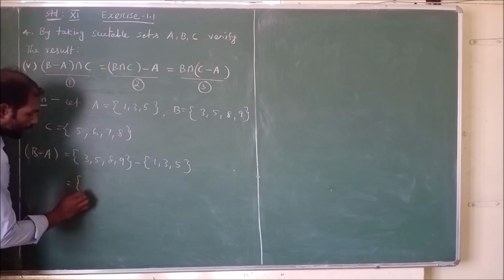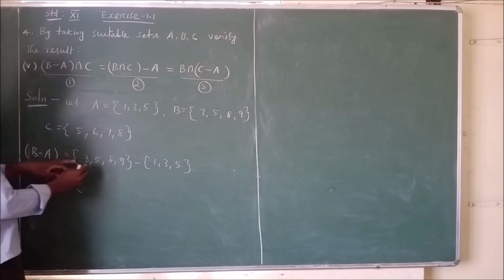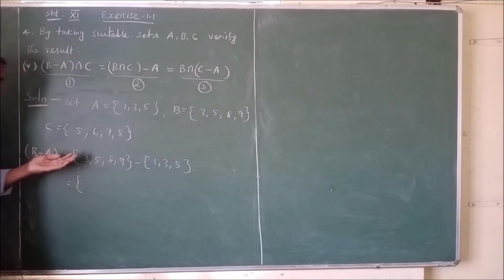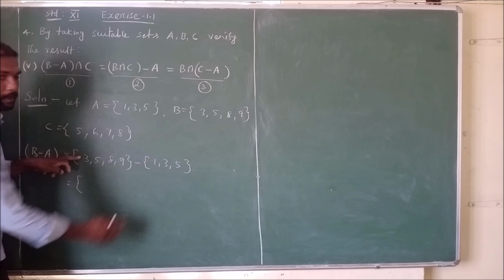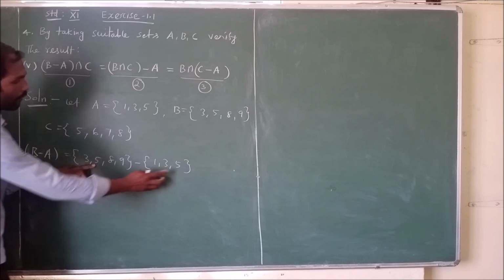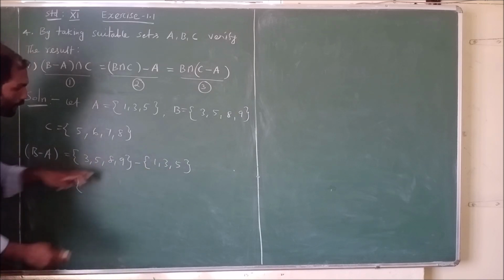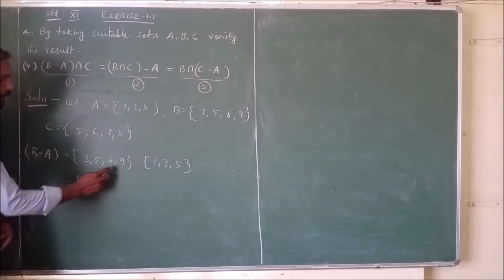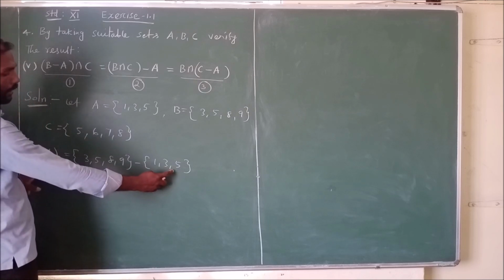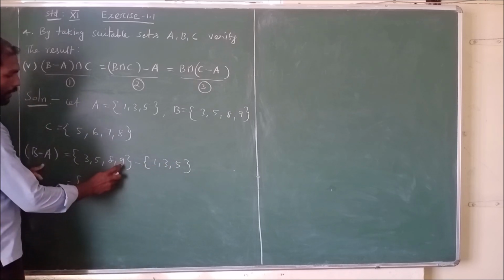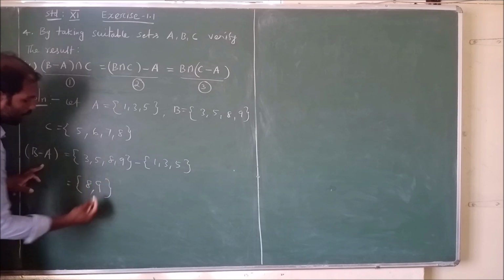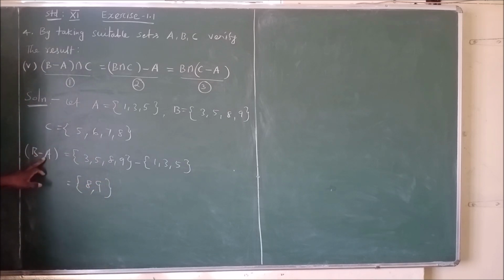Then B minus A is the elements that appear only in B, not in A. So 3 appears in A, 5 appears in A, but 8 and 9 appear only in B, not in A. Therefore B minus A equal to 8, 9.